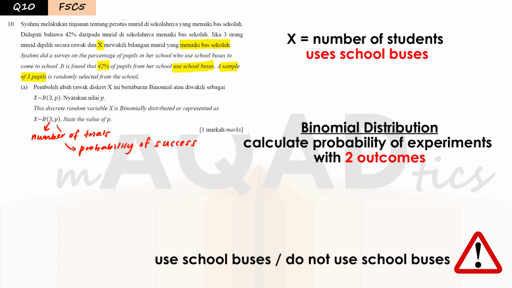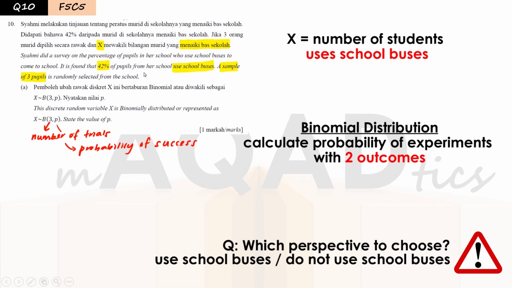And for every binomial distribution question, we need to set our perspective. We need to decide, are we choosing to use school buses or not use school buses to answer the question here. But actually in this question, they already gave us which one to choose, which is this sentence, which is why I say it's very important. This X is the number of students that use school buses to school.